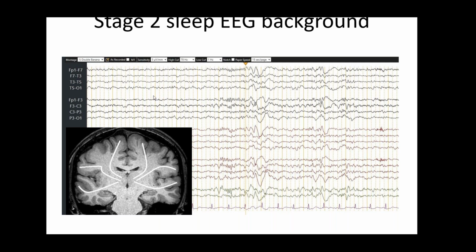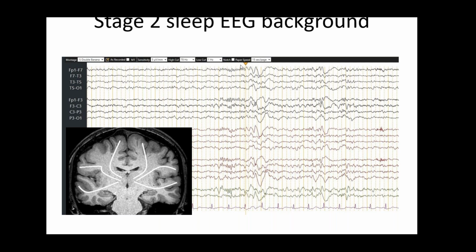In a sleep state, you see the predominant theta and delta activity in drowsiness. In stage 2, you get the spindle activity that is probably from the motor cortex, premotor, motor cortex, and thalamus.